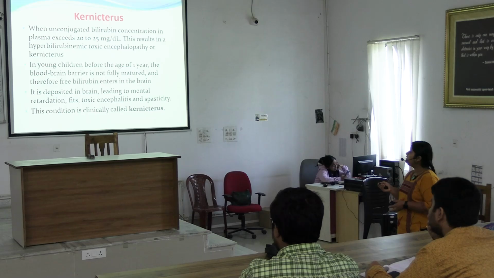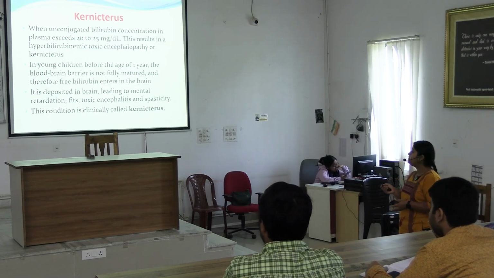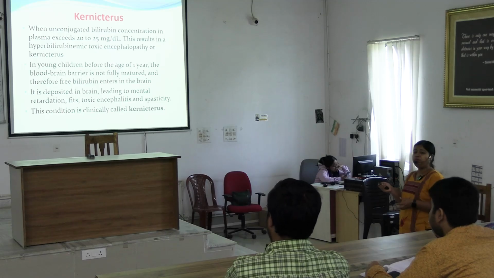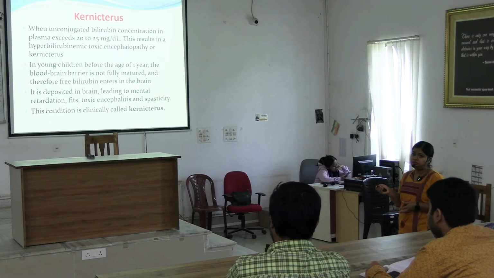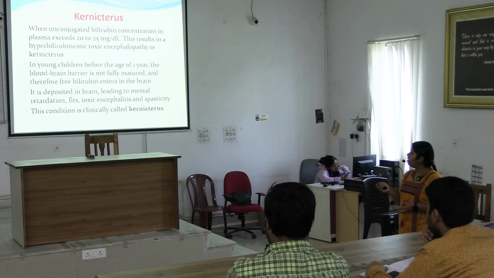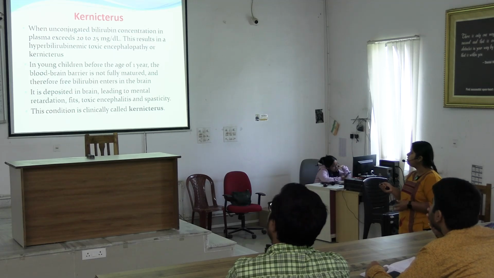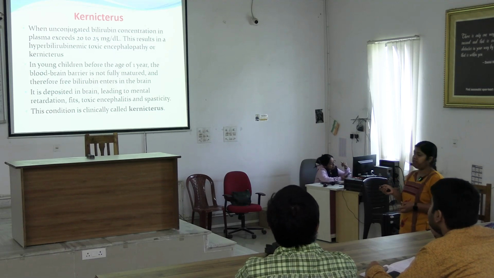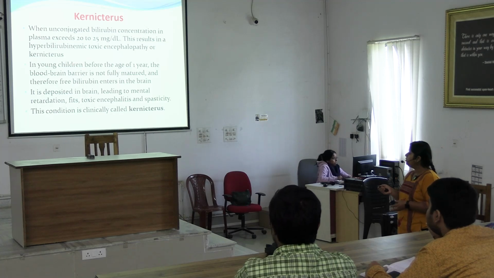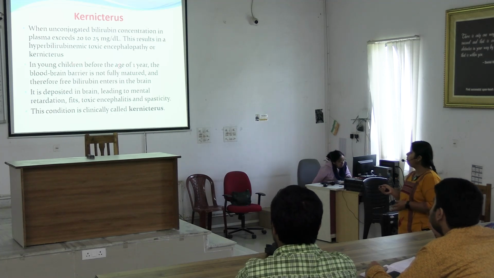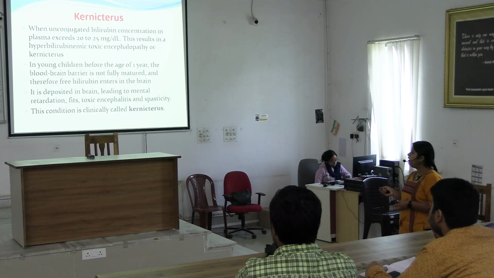Okay, and what is kernicterus? When the unconjugated bilirubin concentration in plasma exceeds 20 to 25 milligram per dl, normal is 0.2 to 0.8, so when it crosses 20 to 25, this results in toxic encephalopathy or kernicterus. In children before 1 year of age, the blood brain barrier is also not fully matured.